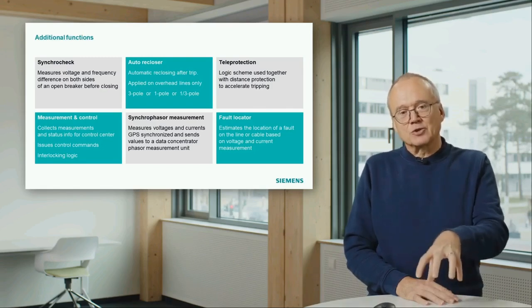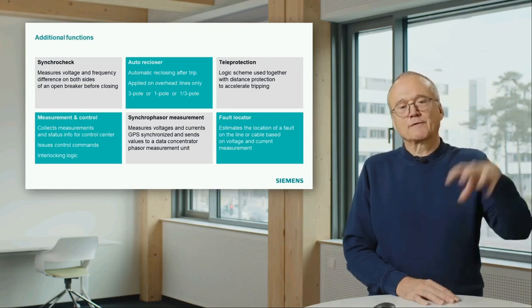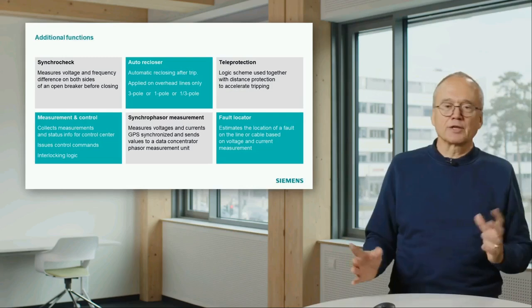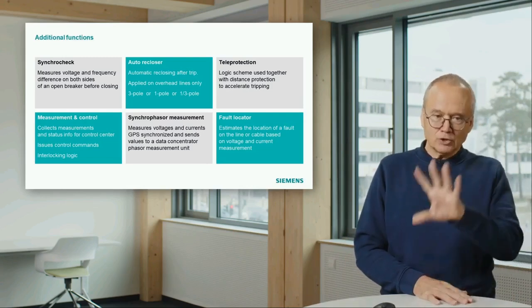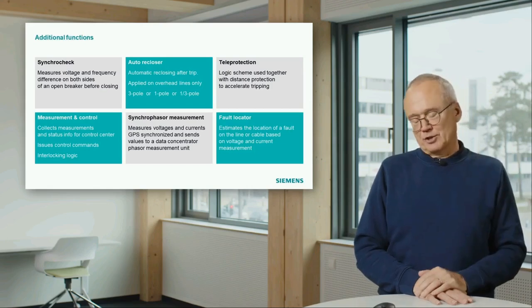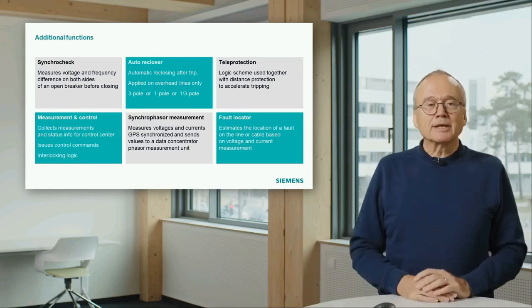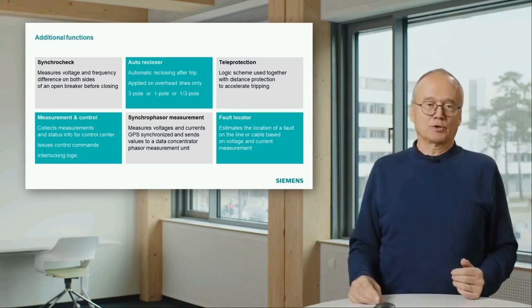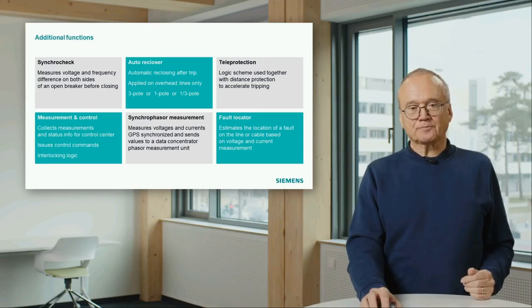The device is used as a measurement sensor for this function, and the function itself is on a central level in this data concentrator. So that was a look at the additional functions. Of course, it's not a complete list. There are other possibilities. It always depends on the application we have.